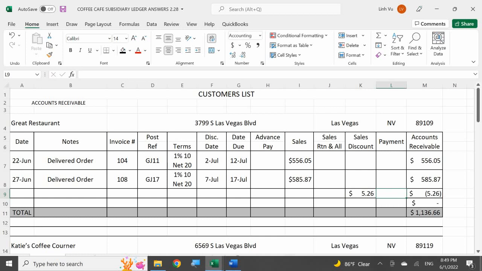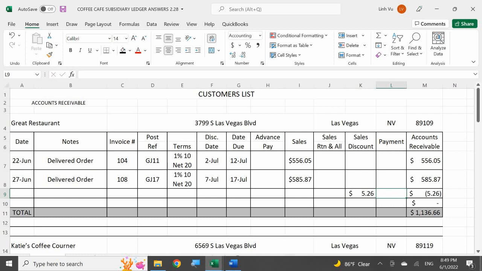So how much did we receive from Great Restaurant, right? Because we're assuming that he must have also calculated the discount ahead of time.